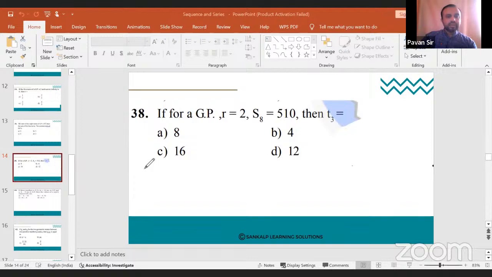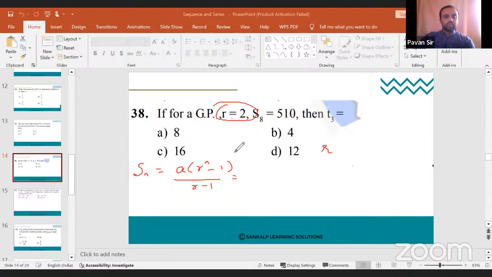What is Sn? Sn of GP, what is it? We already know the formula. A into R raised to n minus 1 upon R minus 1. Try to solve it now. R is given, it is directly known.